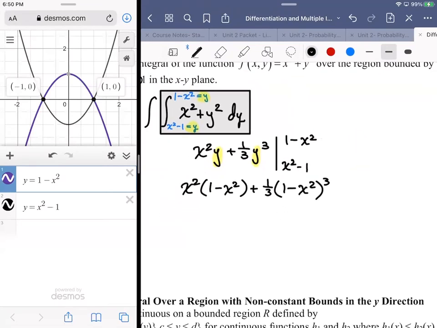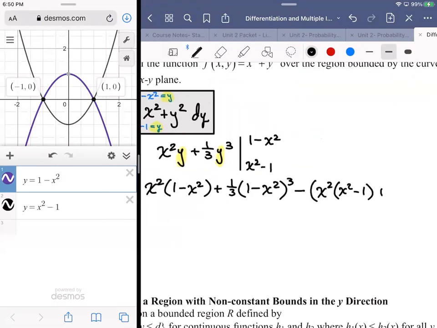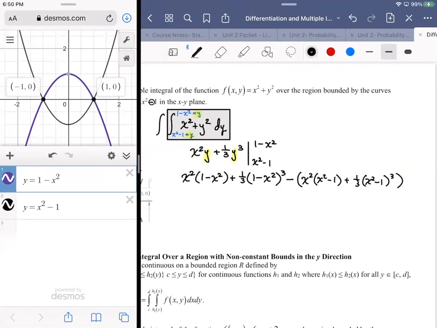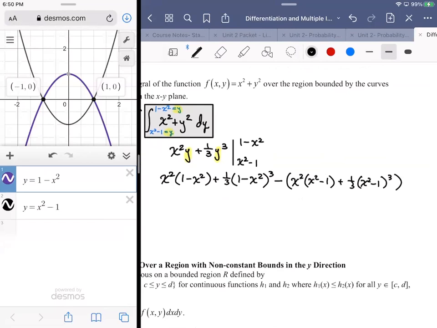And then minus basically the same stuff again, this with x squared minus 1s. Okay. And so we can clean this up and see where it gets us.